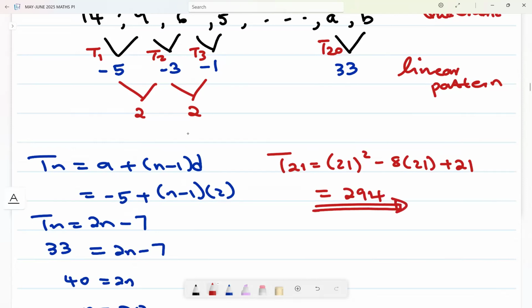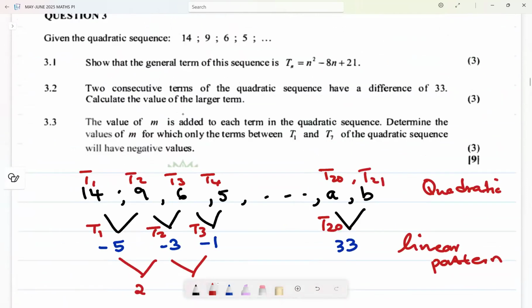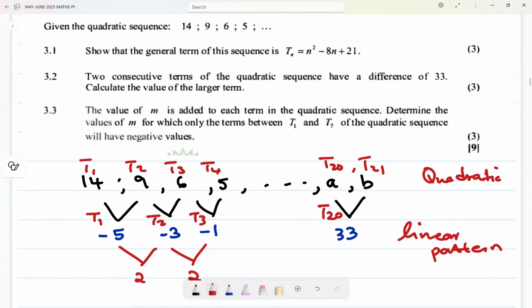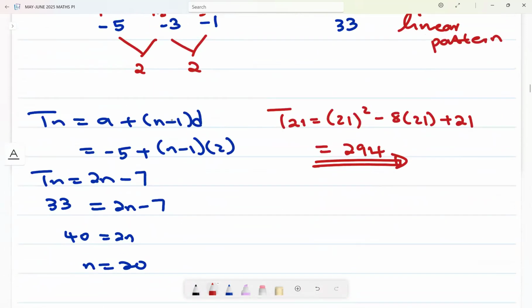If they said, okay, this question they can ask you like this: between which two consecutive terms in the quadratic pattern is the difference 33? If they wanted those two consecutive terms, we would have found T20 first.